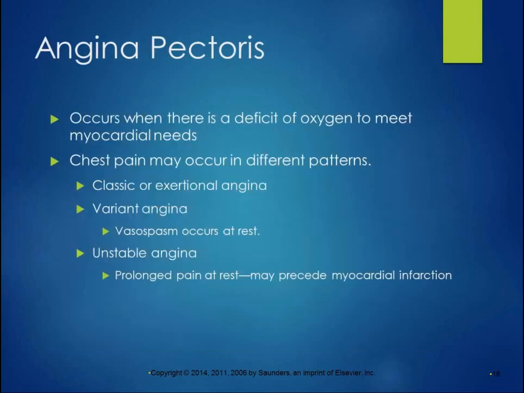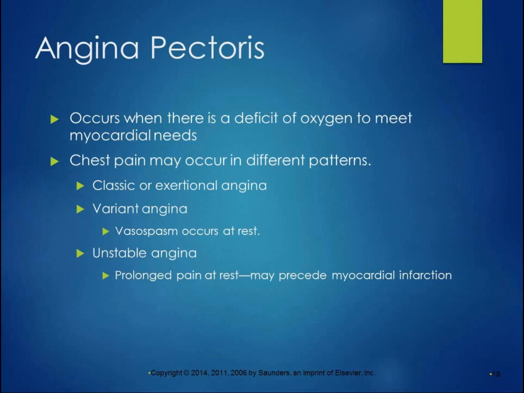So angina pectoris means chest pain, basically. It occurs when there's a deficit of oxygen to meet myocardial needs. So chest pain can occur in different patterns. It can be classic or exertional angina, meaning you're shoveling snow and you have chest pain because there's a lack of sufficient oxygen to meet your myocardial needs.